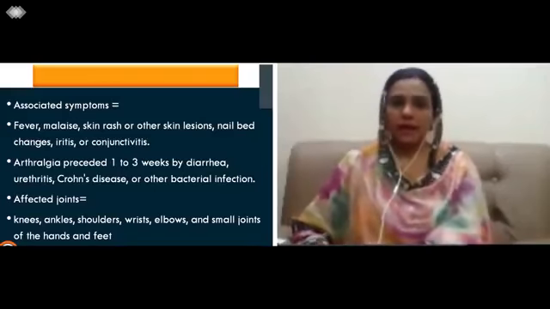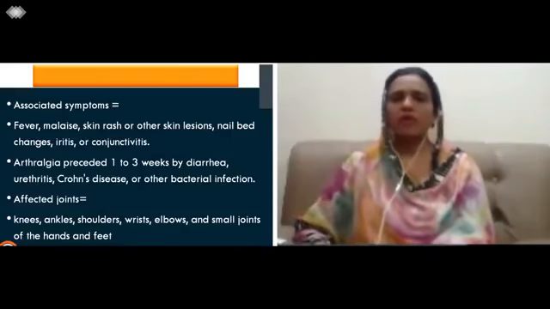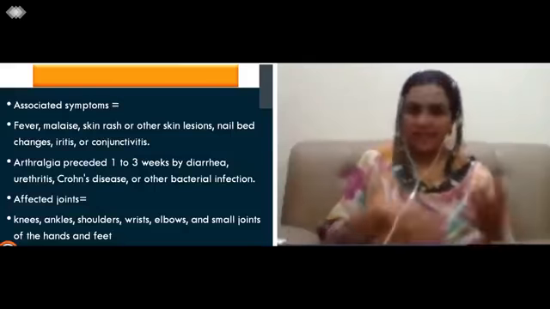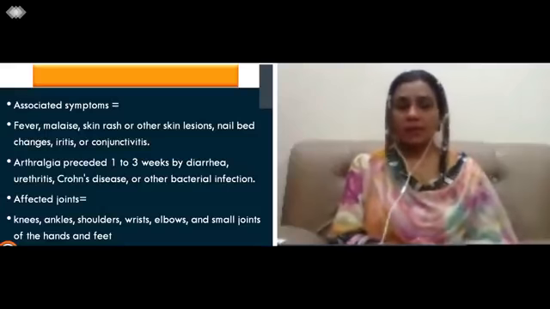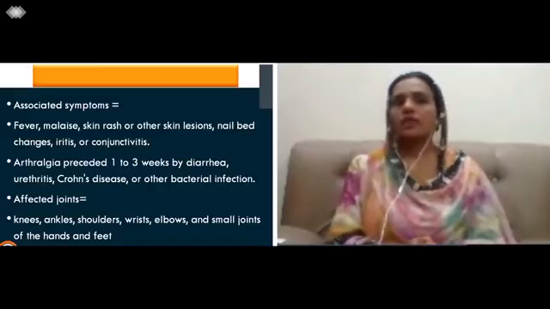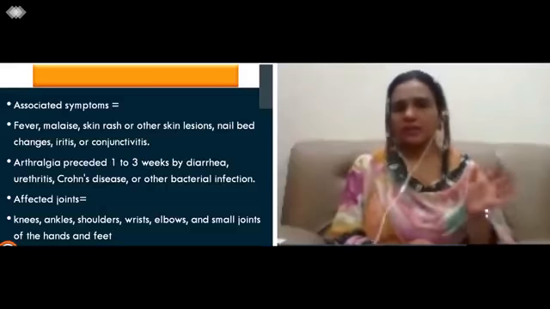Most of the time, with the arthralgia, you need to investigate the history, as the patient is not aware that the joint pain can have some kind of link with the GIT disturbance. But if you take the history in a proper way, you will come to know that most of the time such arthralgia is preceded by diarrhea, Crohn's disease, or any other bacterial infection.